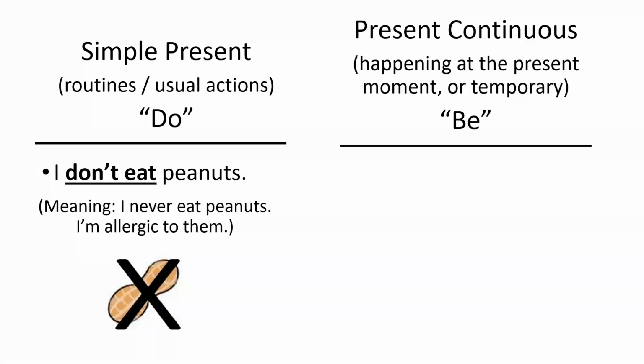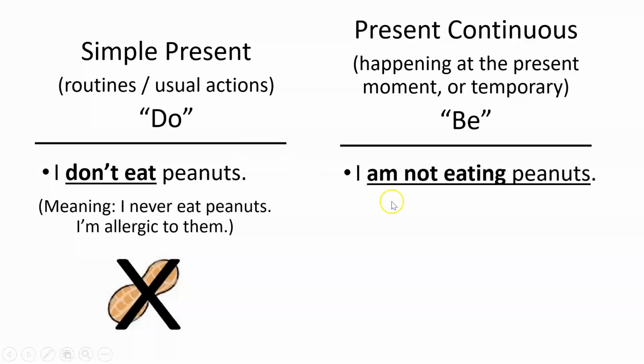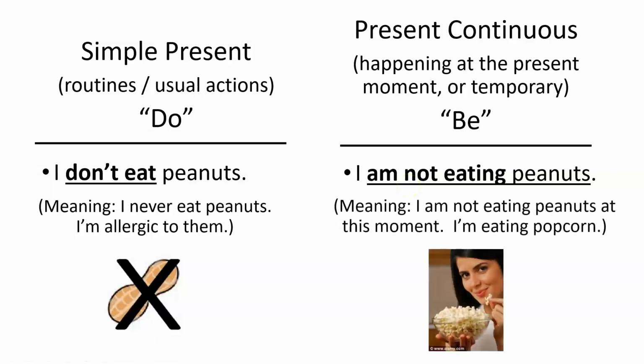So I can take this same verb and put it in the present continuous, and it looks like this. I am not eating peanuts. Now, this sentence is correct, but it has a different meaning. The meaning is, I am not eating peanuts at this moment. I'm eating popcorn.